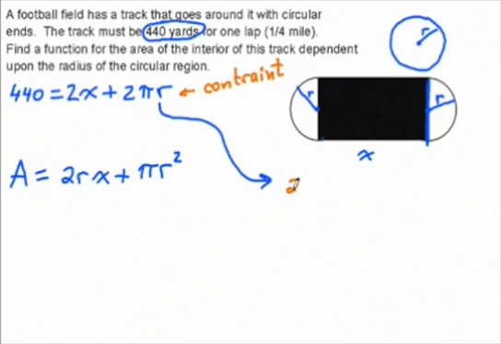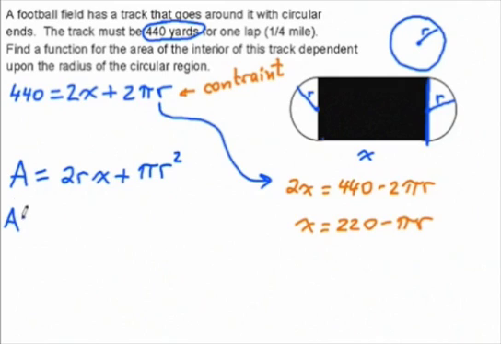So let's see, that'll be 2x is equal to 440 minus 2 pi r. So basically I just subtracted 2 pi r on both sides and then just flipped the equation around. Divide everything by 2, and we're going to get x is equal to 220 minus pi r. So wherever I see x, I can do a nice little substitution.